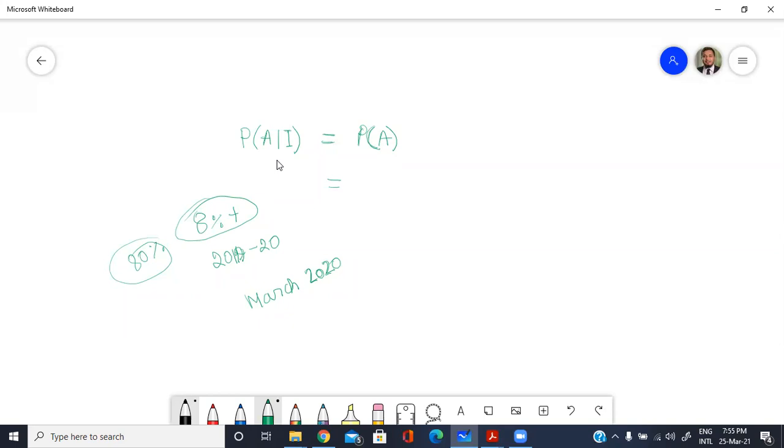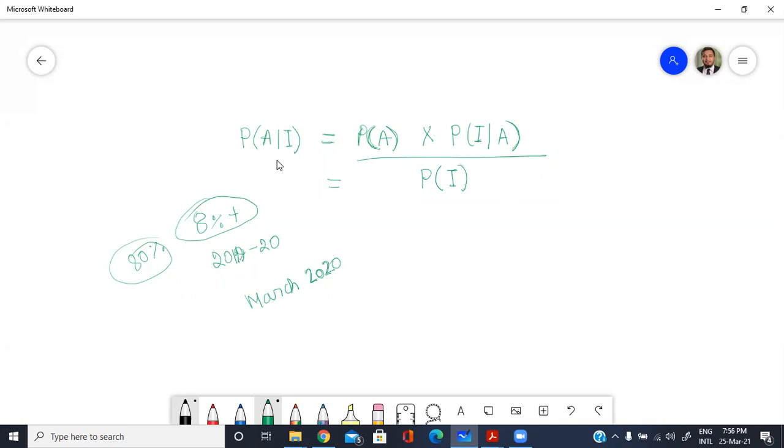So how can we accommodate it? We should take the existing probability, the original probability of the event, and multiply this by the probability of the information given the event, and we should divide this number by the probability of the information that COVID-19 will affect.